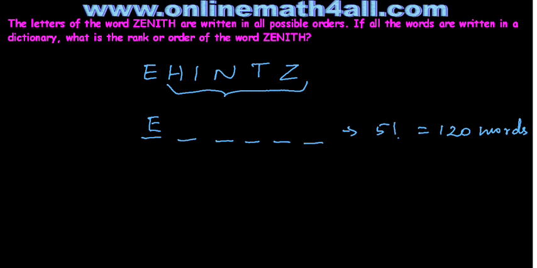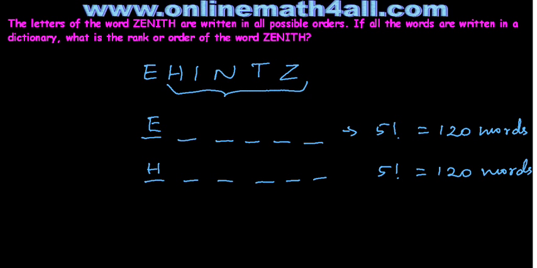And now I am going to form some new words starting with H. The first place is filled with H. The remaining 5 places can be filled with the remaining 5 letters. It can be done in 5 factorial ways. I will be getting 120 words.